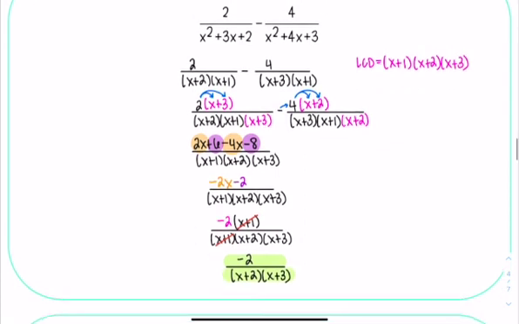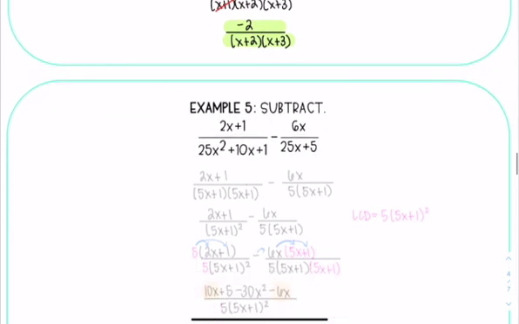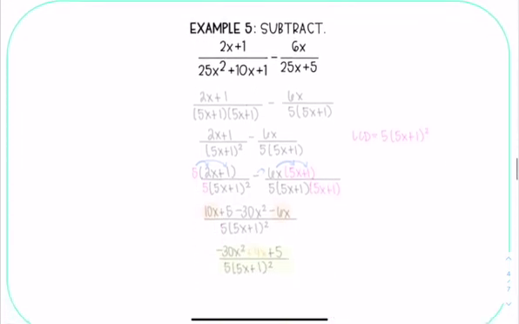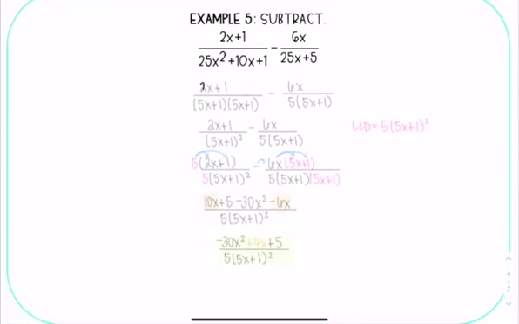Let's go ahead and try one more. The first thing we need to do is we're going to factor the denominators. So we have 2x plus 1, and the denominator is going to factor as 5x plus 1 times 5x plus 1.